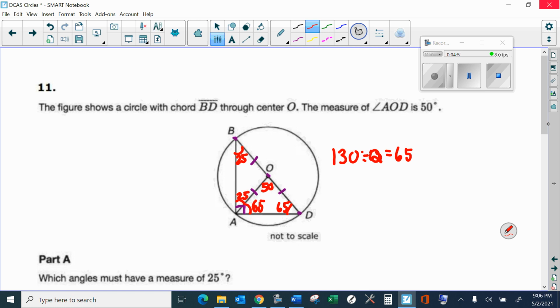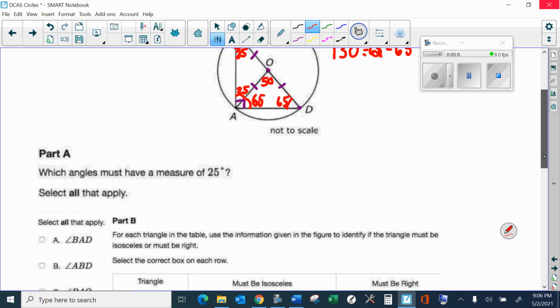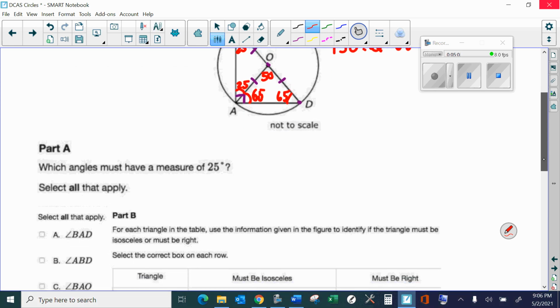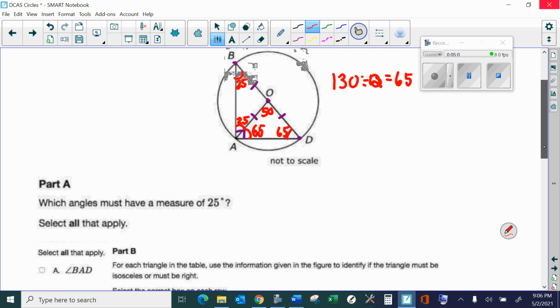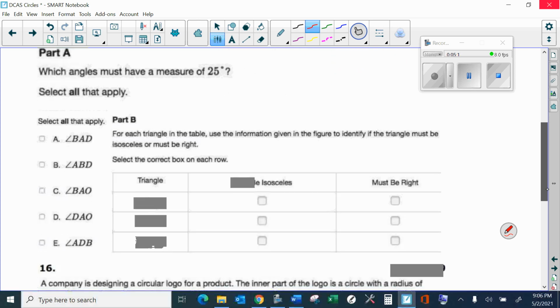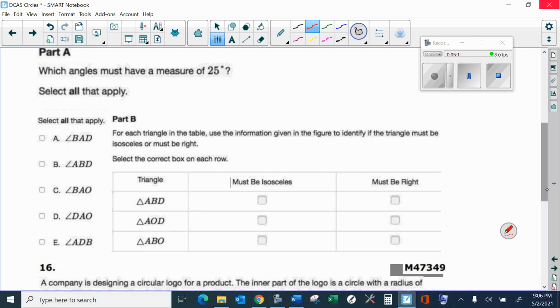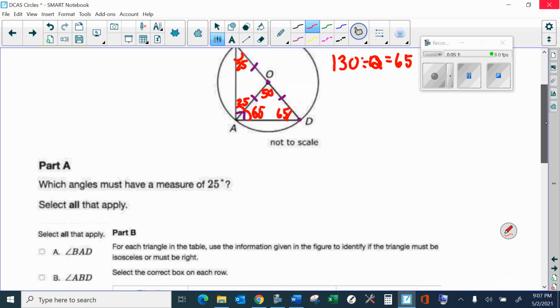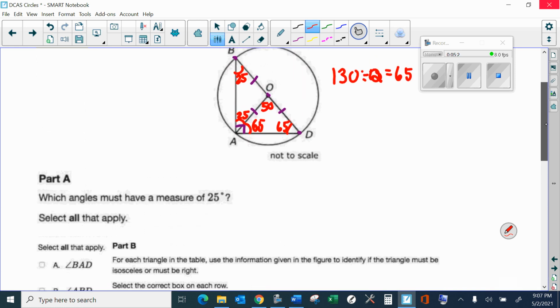And so it says, which angles must have a measure of 25 degrees? These two right over here. So what are those angles? Select all that apply. Angle OBA or ABO. What was that called again? We have ABO.